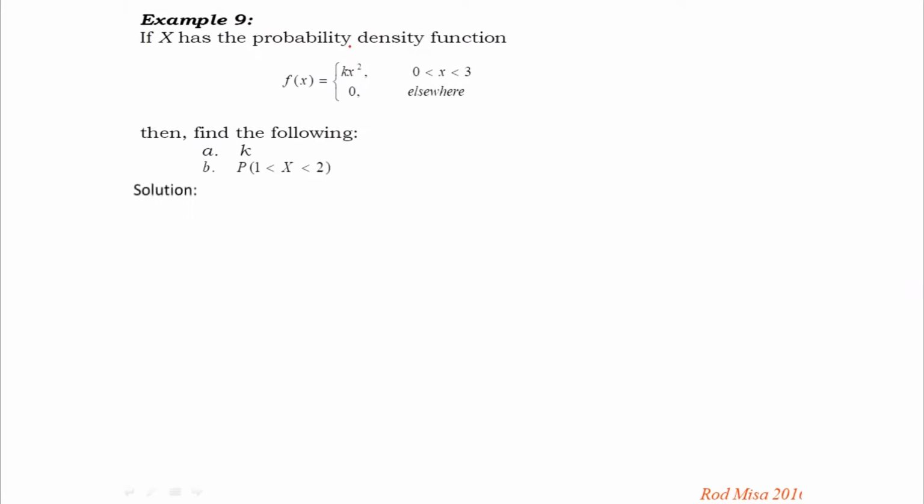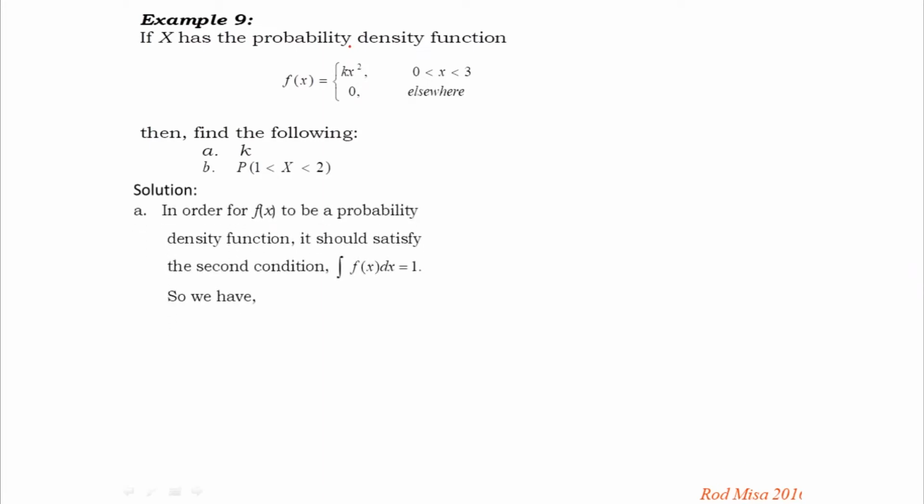So, solving our first question, in order for f of x to be a probability density function, we need to use the second condition in our definition 7, that the sum of all probabilities over the domain is equal to 1.